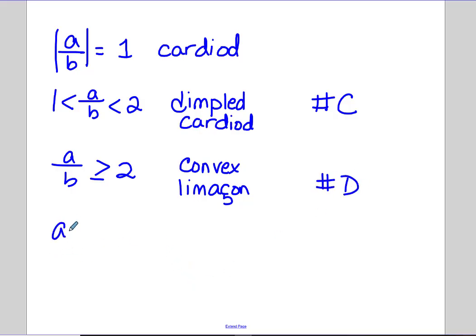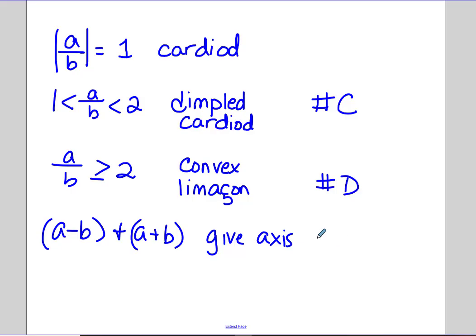And what did we find out? If we did A minus B and A plus B, those give us axis values in the direction. And the A number is also an axis value.